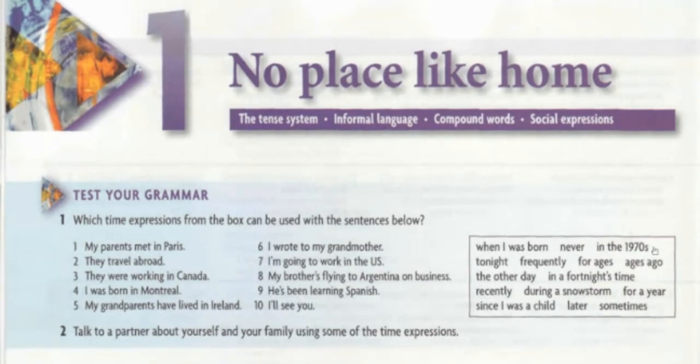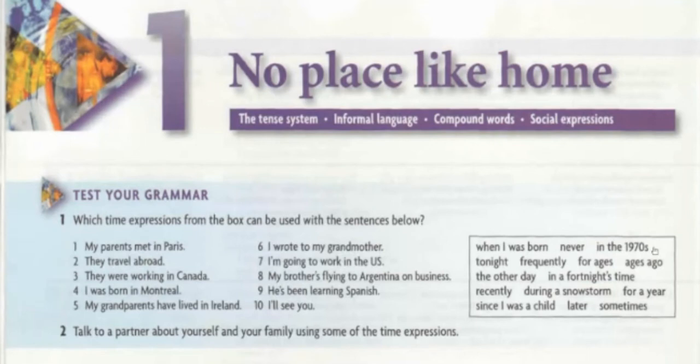Something that we either do. Yeah, very good. Excellent. Something that we do every day or frequently or sometimes, or we never do. Something either repeated or never done. So we use the simple present or present simple.